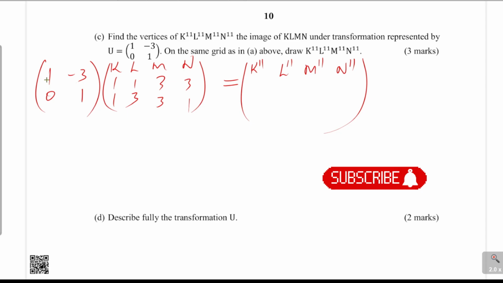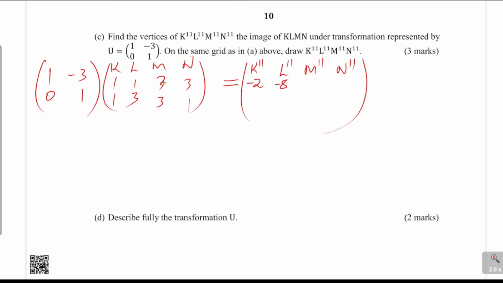So row 1, column 1. This is 1. This will give us 1, subtract 3, so that will give -2. And then this is a 1, subtract 9, that will be -8.